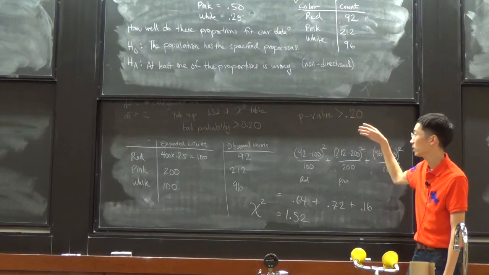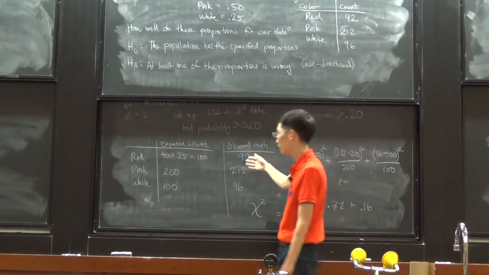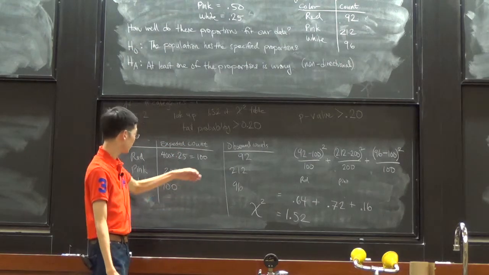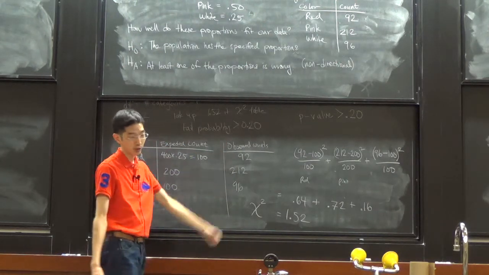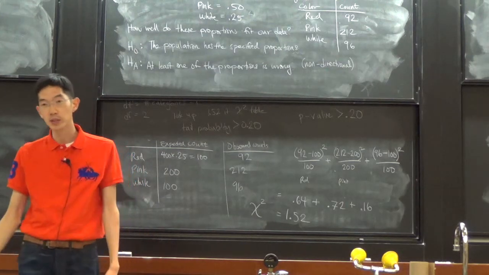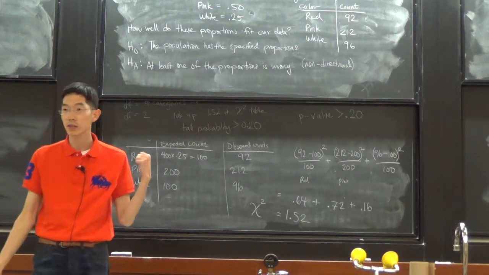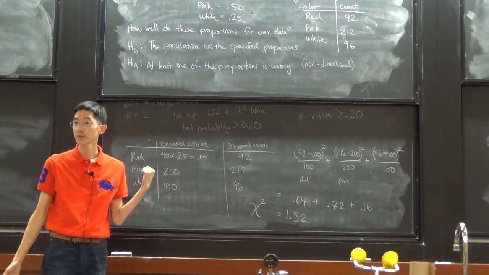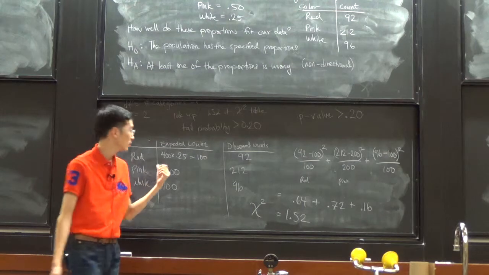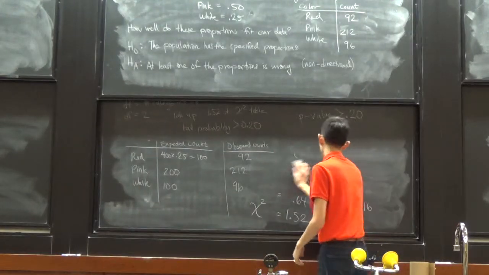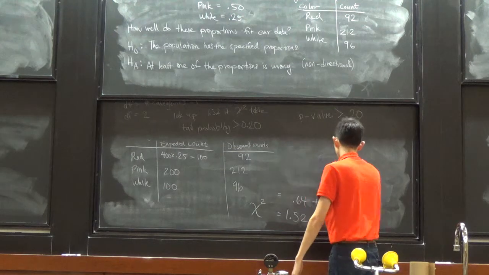So seeing too many pink flowers, 12 more pink flowers than I might have expected, and 8 fewer red flowers and 4 fewer white flowers, turns out it's not that big of a deal in this case. Is that okay? So our p-value is greater than 20%, so let me just write that down.